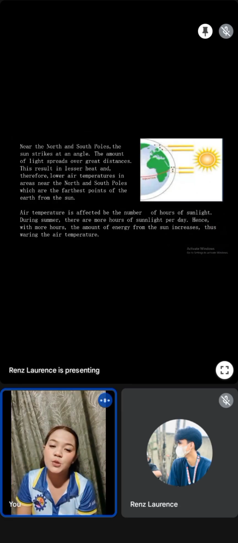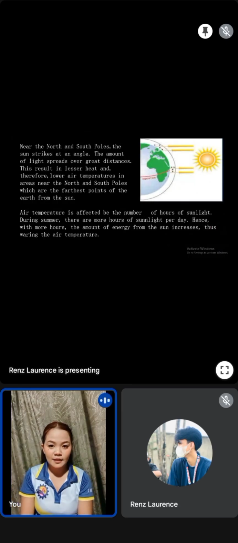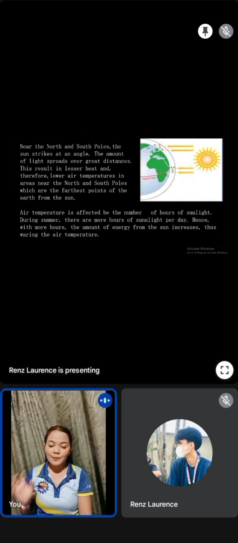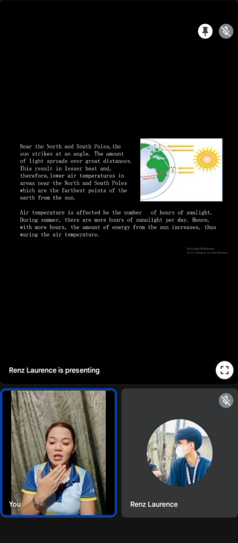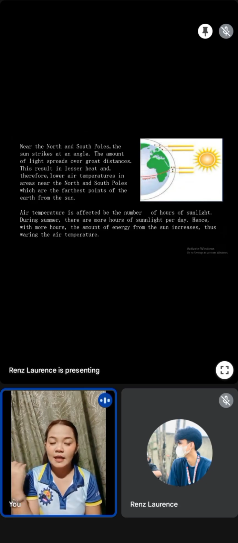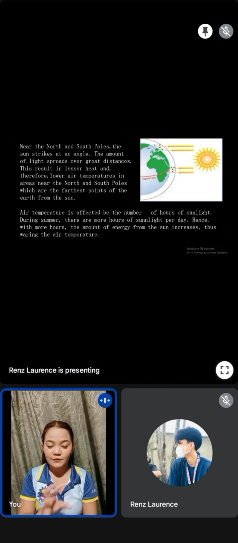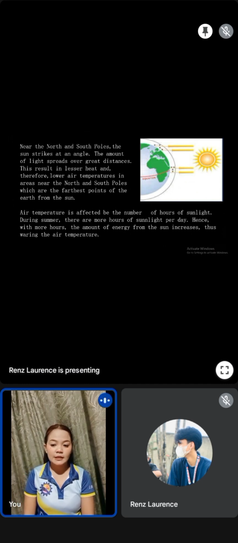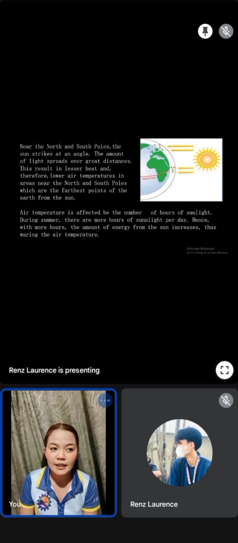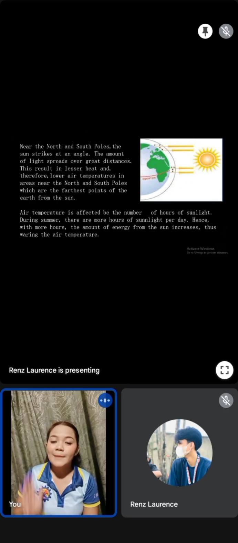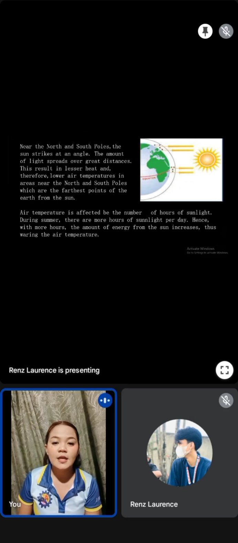The second one is the location or place, as you can see in the slide. Places near the equator, like the Philippines, are usually hotter because they get direct sunlight. We feel that it is hotter here in the Philippines. Why? Because we are near the equator.